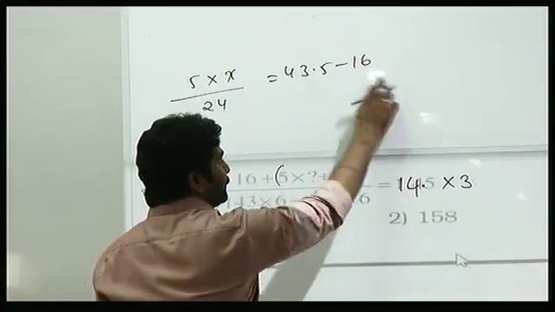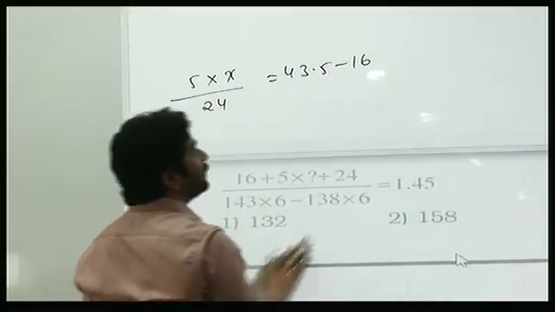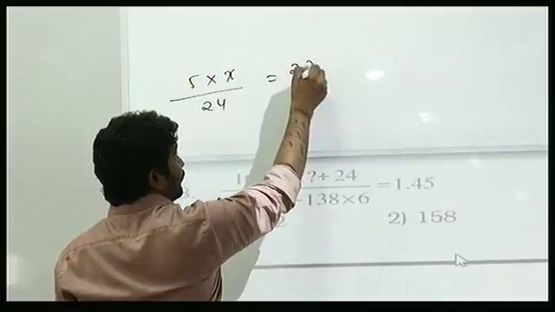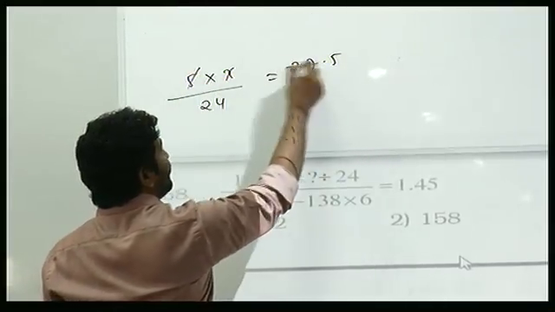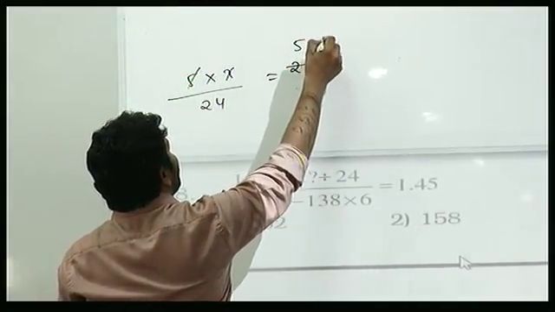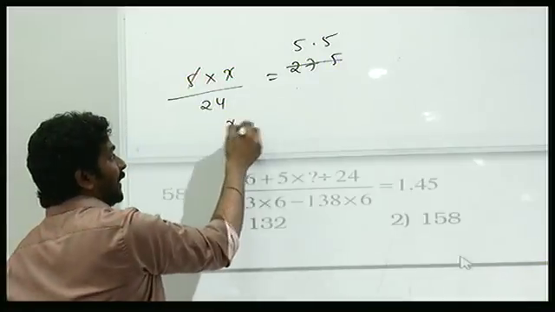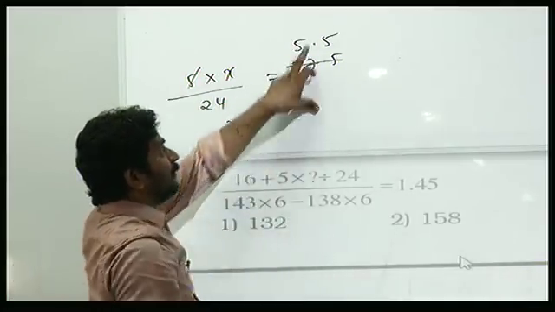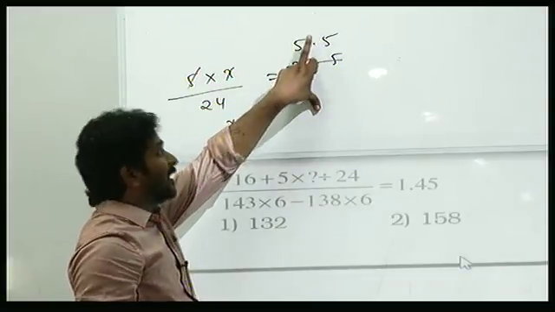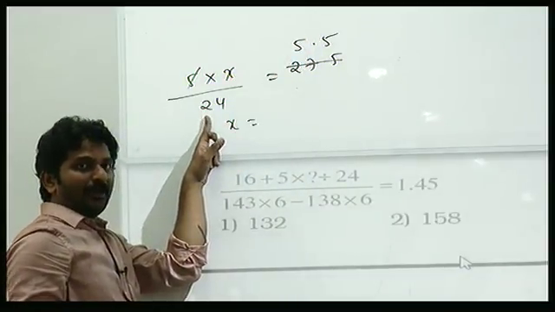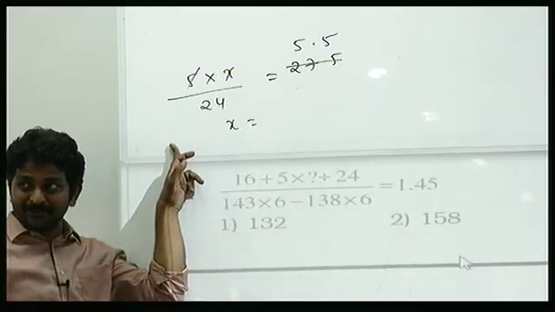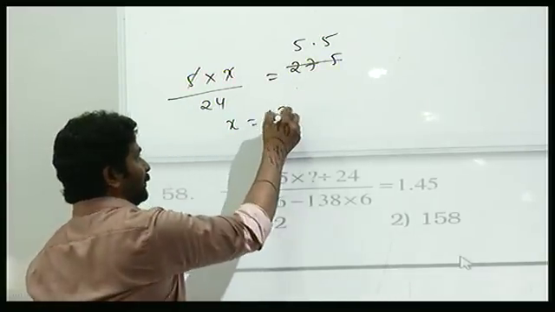How much is this value? 27.5. 5.5 times x is equal to 5.5 into 24. Forget about point. Let's calculate 5 times of 24. 120. If 5 times is 120, 0.5 times will be 12. 120, 12, 132.